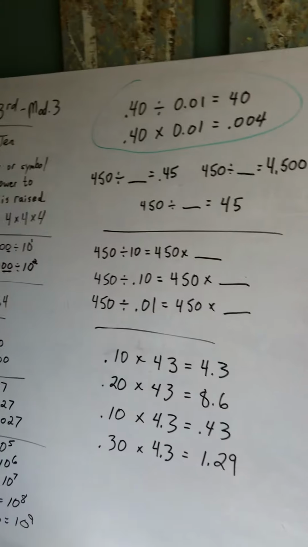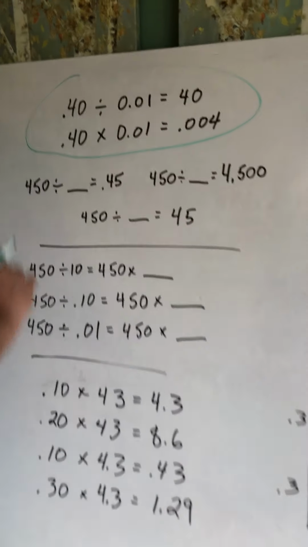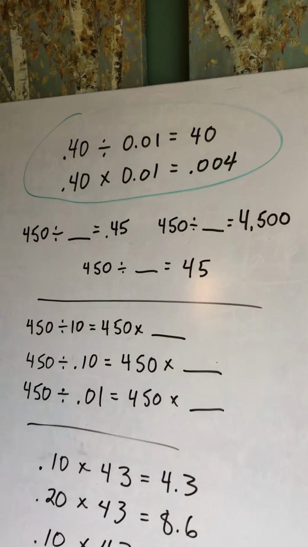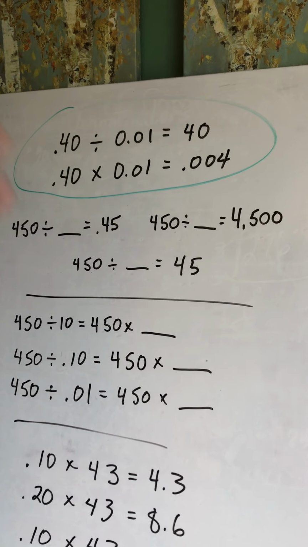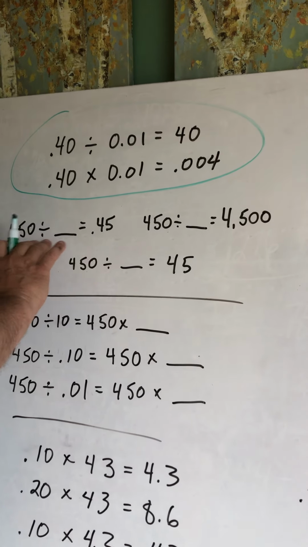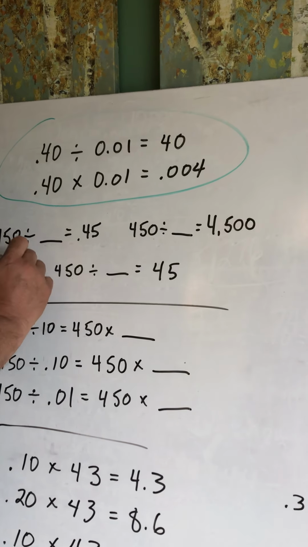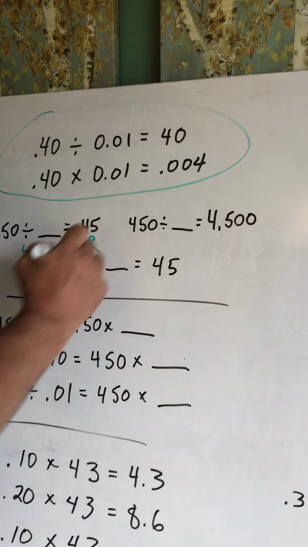Yeah, there's a lot going on here. So on this set, the book, this is the teacher's guide once again. We have 450 divided by some number equals 0.45. So remember, the left side has to equal the right side.